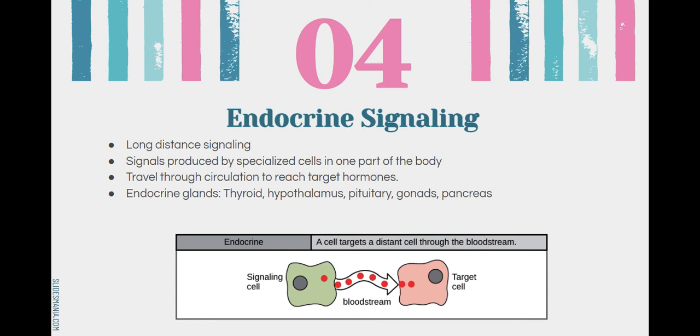When we have high glucose in the blood, our body is going to increase the amount of insulin that gets released from the pancreas in order to encourage the uptake of glucose into many different cells. And again, endocrine signaling has to occur through the bloodstream and can occur over long distances throughout the body.